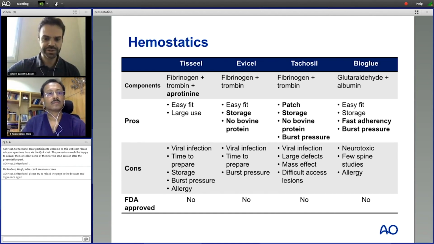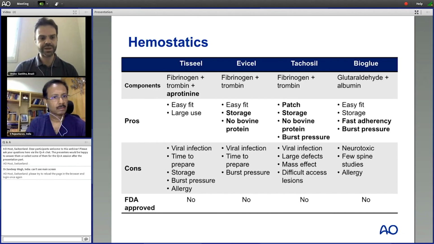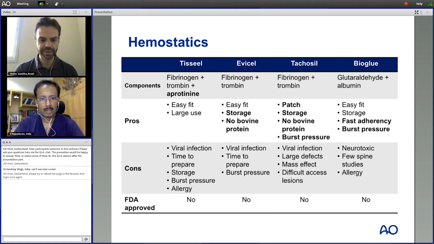We must understand that the ones that have bovine protein in their basis, especially Tisseel, can lead to allergic reactions and also anaphylactic shock, so we have to remember that. All the ones that are human plasma derived can be virus transmitters. There is no case recorded in the literature, but we have to keep that in mind.